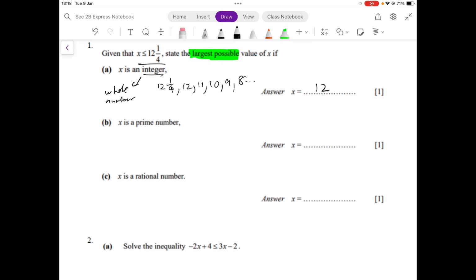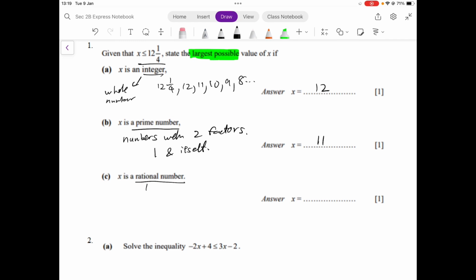If x is a prime number, it is 11, because prime numbers are numbers with two factors, 1 and itself. Okay, now x is a rational number.